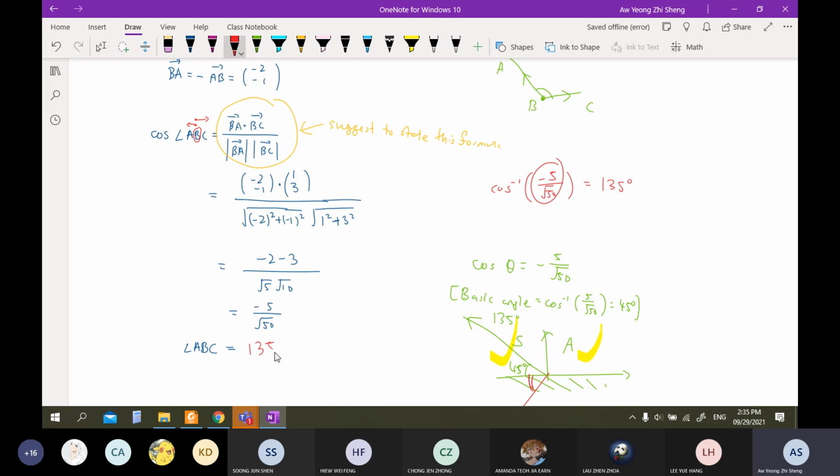It will give you 135. And that's it. Remember when you press cos inverse, remember to change your left hand side of the equation to angle ABC without the cos. Okay, so that's the answer for example 11, and I move to example 12.